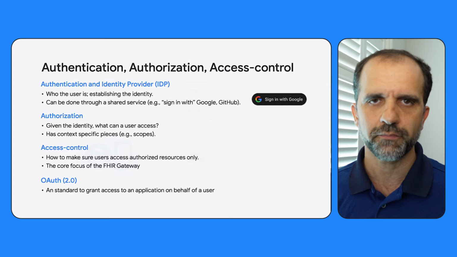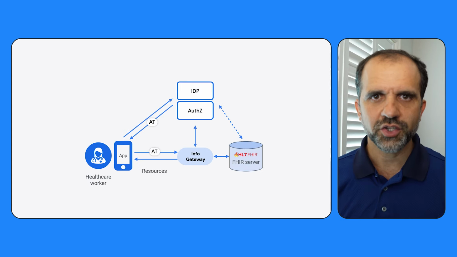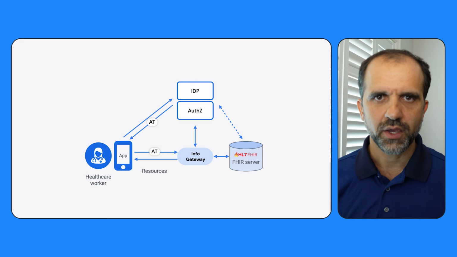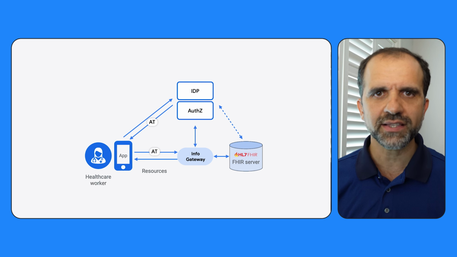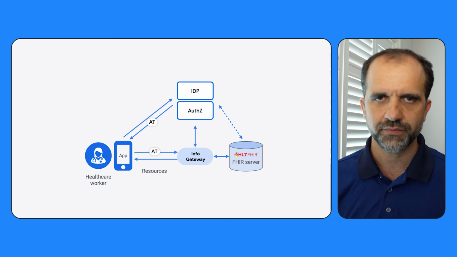This figure shows the general architecture of the services involved when deploying the Info Gateway. When a client requests access to some FHIR resources, it must provide a valid access token in the form of a JSON Web Token or JWT, issued by a trusted identity provider service.